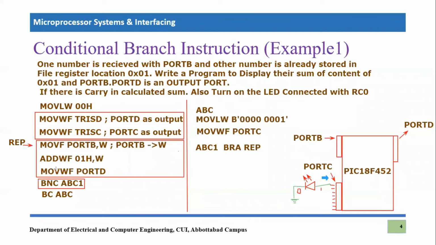But if there is a carry, this condition will be false, so you will go to this statement. If there is a carry, you will branch if there is a carry to ABC, and in ABC you will perform this task. So one can simply avoid this statement; for example, over here you can simply delete it, because after this you eventually arrive at this specific instruction.